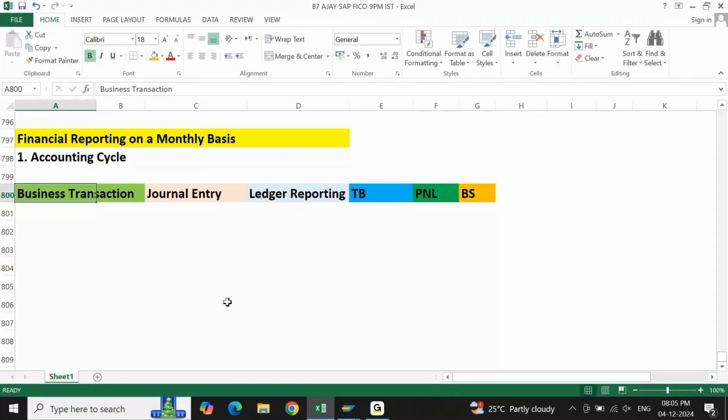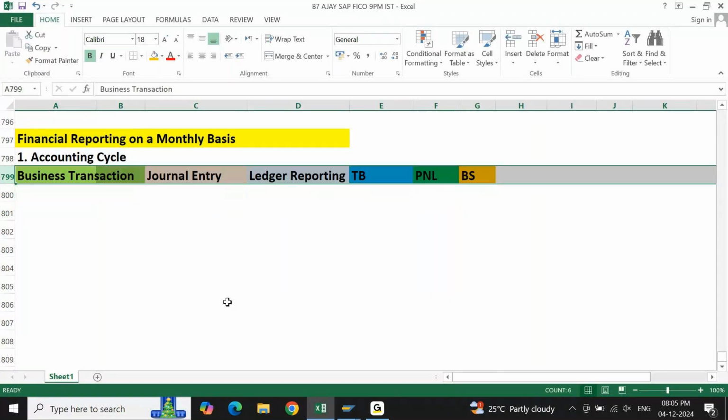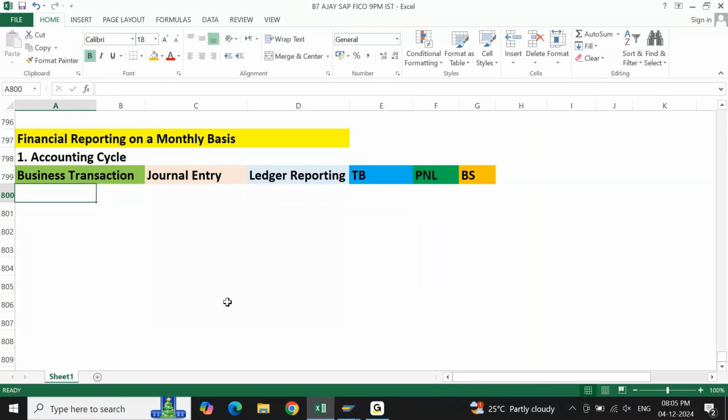So what we need to do here is, when you're talking about the accounting cycle, this you need to remember first. This should always be in your mind anytime. No matter whether you're learning SAP FICO or not, the accounting cycle must be in your mind.